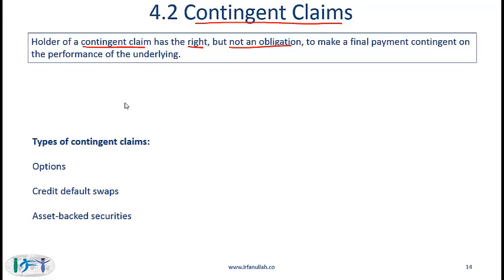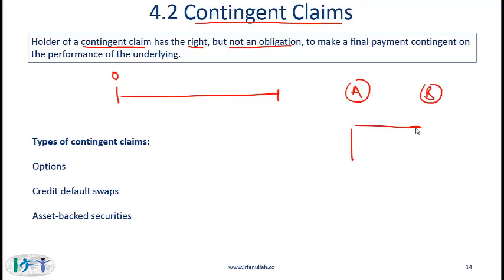Here again, a contingent claim is a contract. At time 0, two parties, say A and B, sign a contract for a transaction to take place at a point in the future, time t.